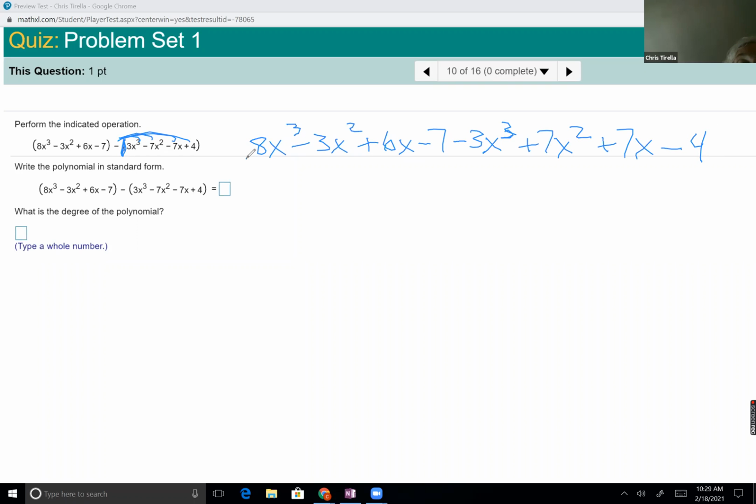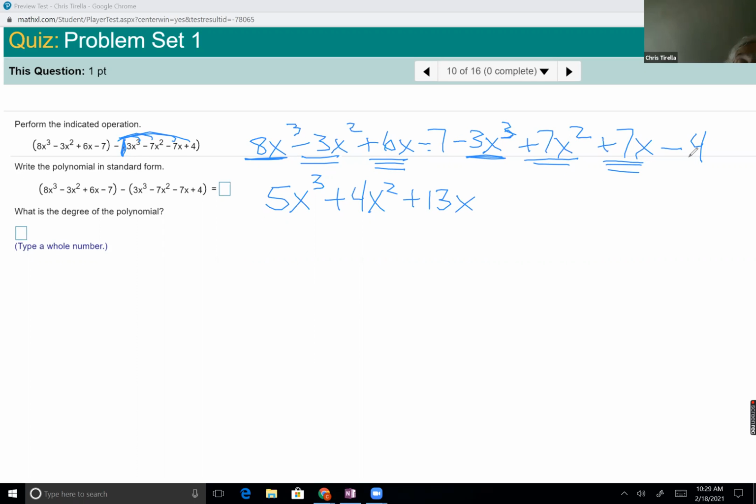Now we're going to match up like terms. 8x cubed minus 3x cubed is 5x cubed. Minus 3x squared plus 7x squared is positive 4x squared. Positive 6x plus 7x is positive 13x.